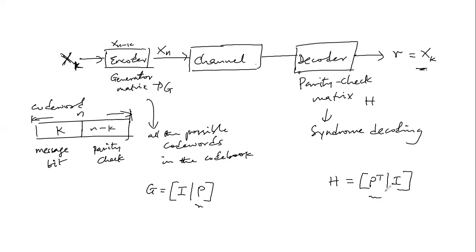Okay. And then once we have this, oftentimes some texts also put it the other way, okay? At times we see that G is given as a parity identity matrix, and then H will be identity matrix, the transpose, okay?